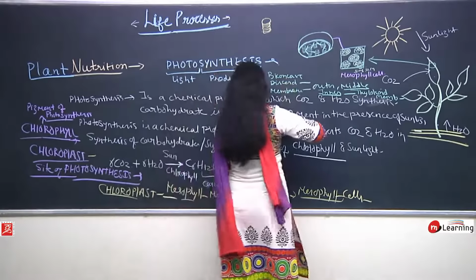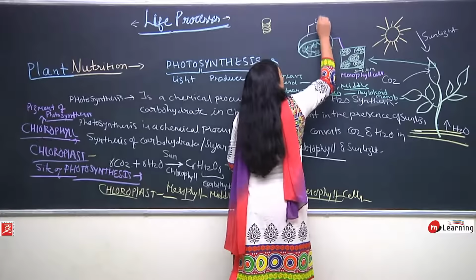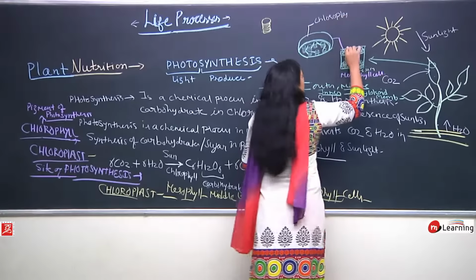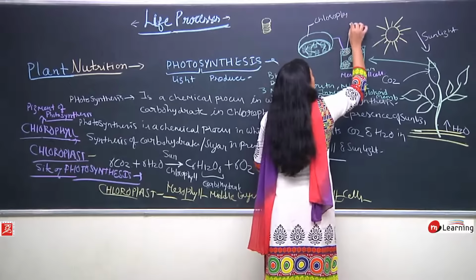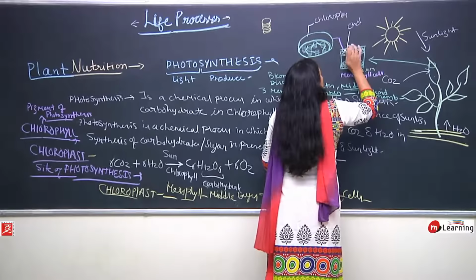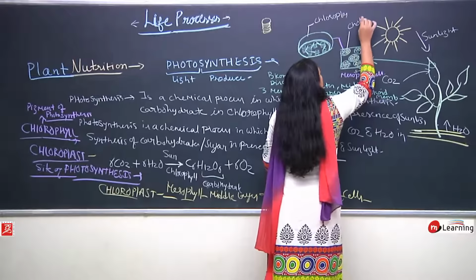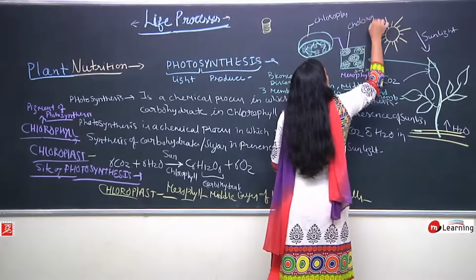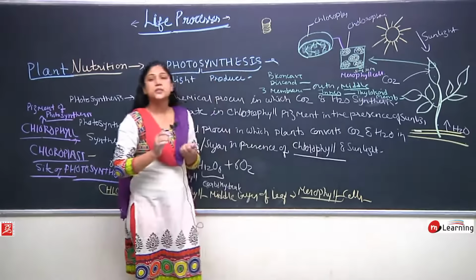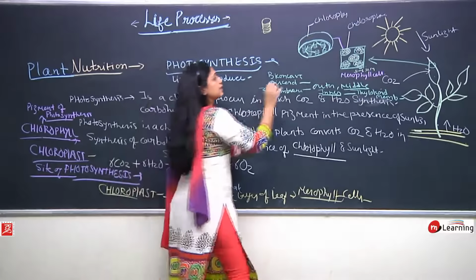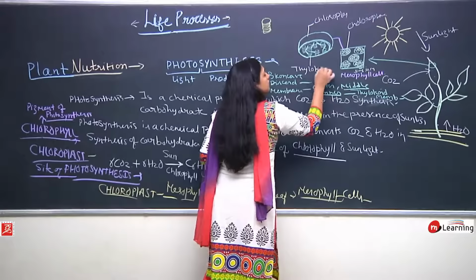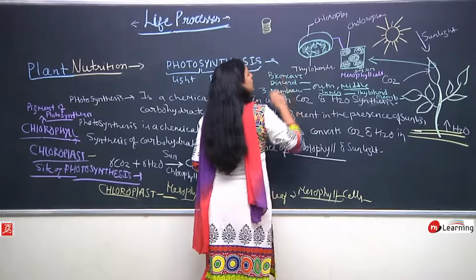So this is a chloroplast, this small structure in the mesophyll cells. Then these are called thylakoids, which are the stacks of coin.